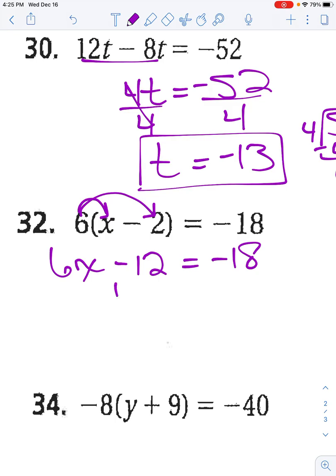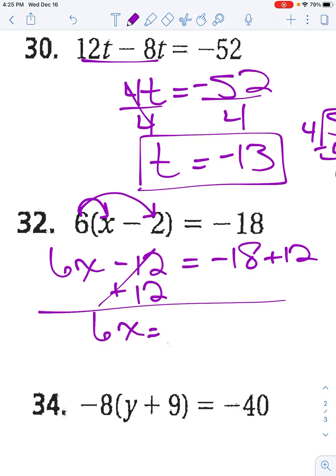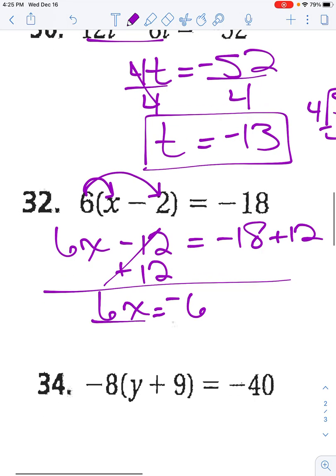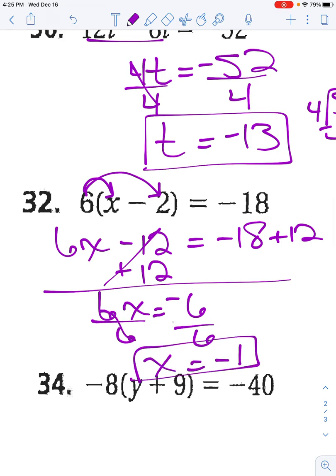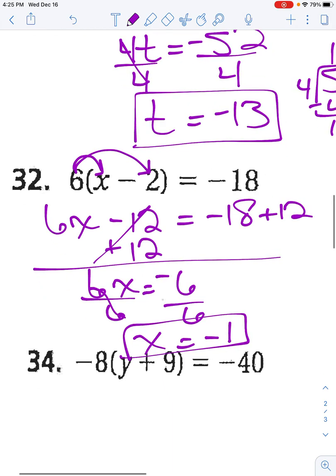Instead of subtracting 12, we're going to add 12 to both sides. Negative 18 plus 12, different signs, find the difference. There's more negatives. And then do the inverse and divide. So x is a negative 1.